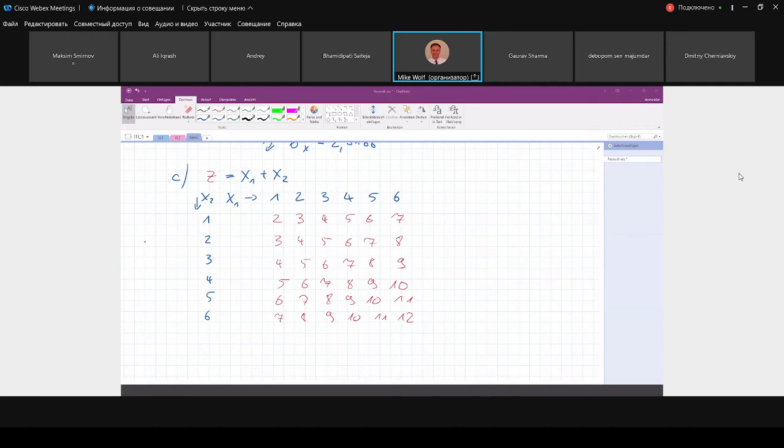And then you can draw this probability mass function of Z. So I don't know if it should look like this.